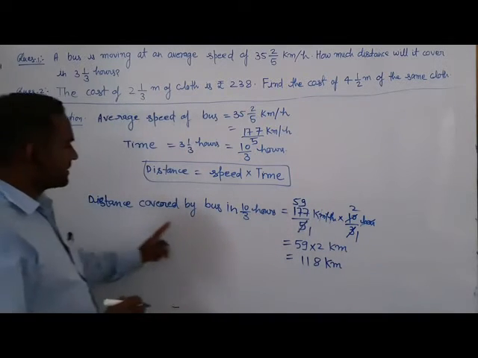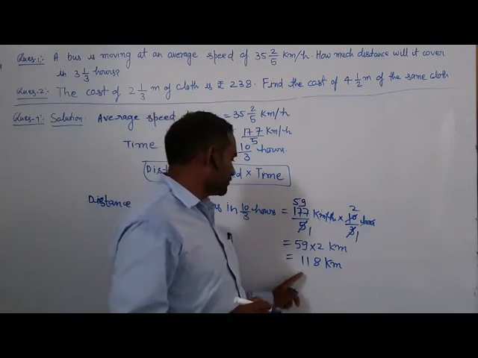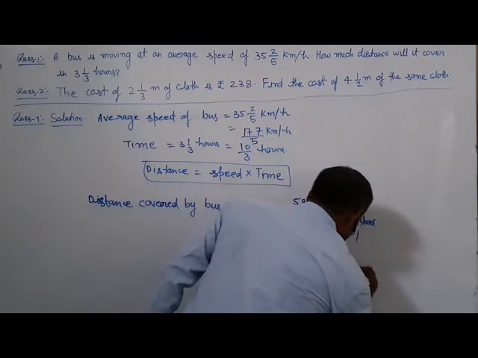So distance covered by bus in 10/3 hours is equal to 118 kilometers.